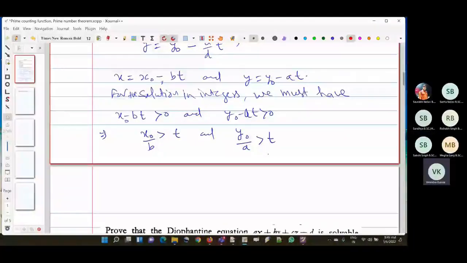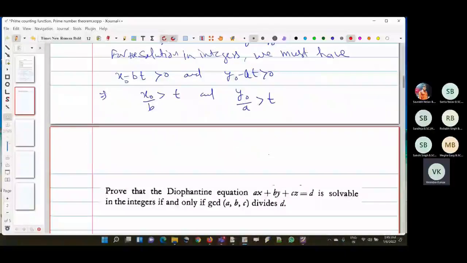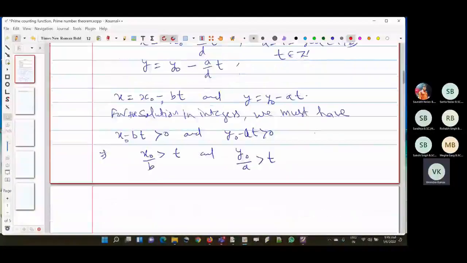Okay, so T should be less than X naught by B and Y naught by A. There are two conditions, in fact.